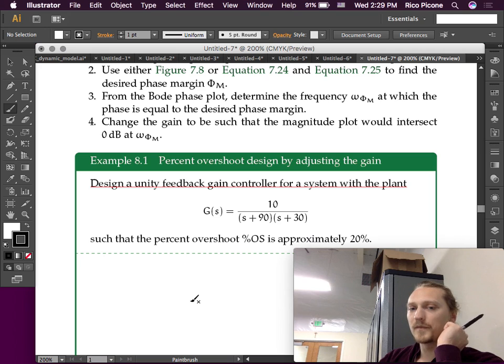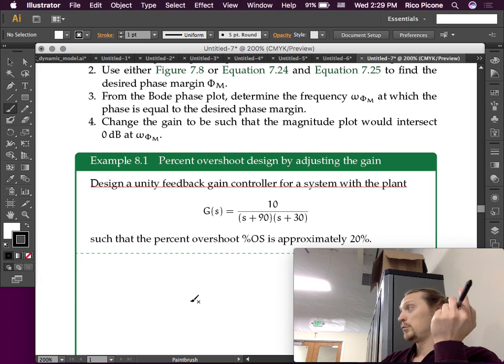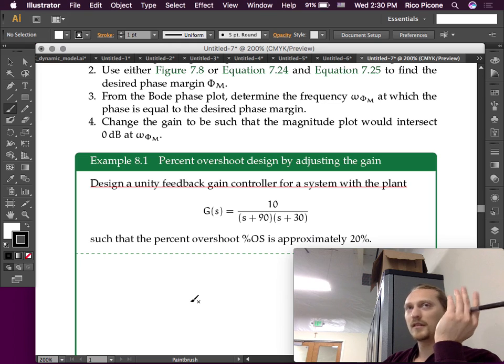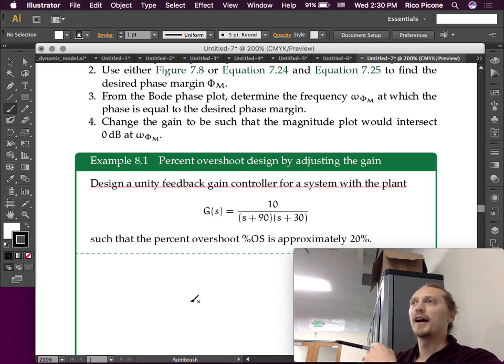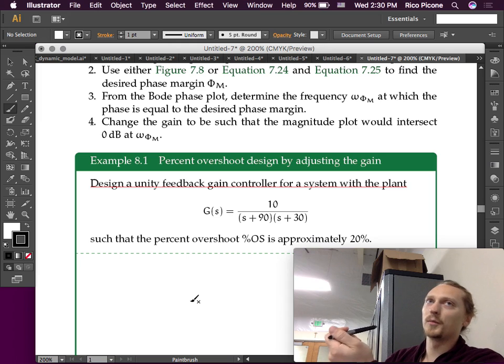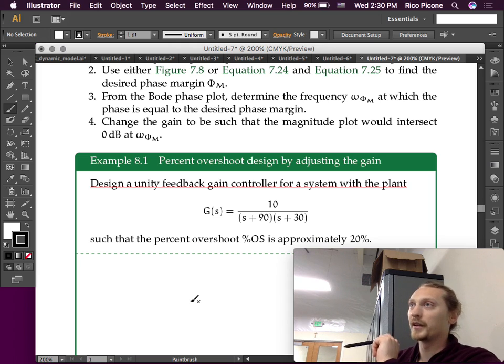And then also it's stable. The open loop transfer function is stable, which is good news. If we think in terms of Nyquist here, the number of open loop poles in the right half plane is 0. That means we need 0 encirclements of -1 for stability. If we had one pole in the right half plane in open loop, we would need at least one counterclockwise encirclement of -1.